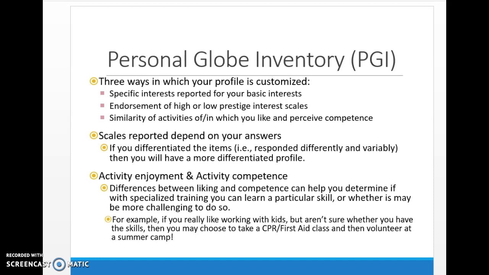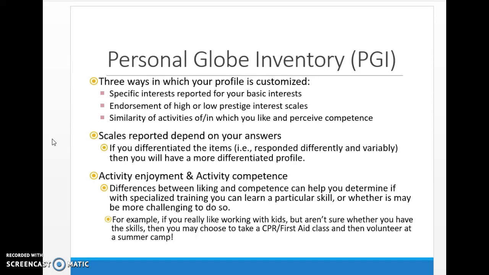Another thing with the PGI is that your profile or the answers it spits out are customized. So everyone gets a main circle with interests, and then if you've indicated that prestige is very important for you, you might also get some more half circles to look at.